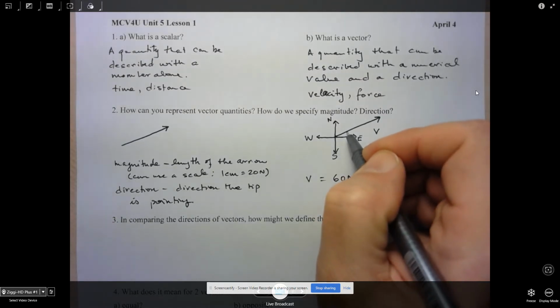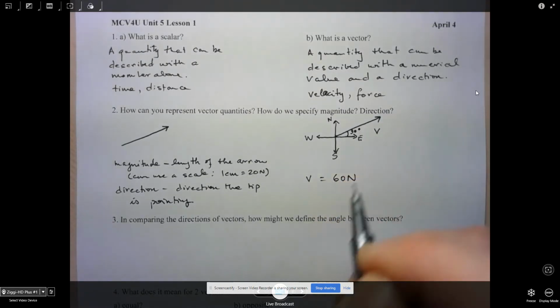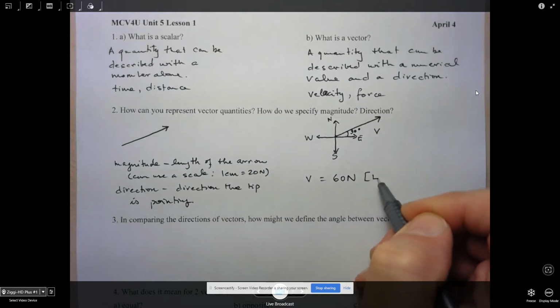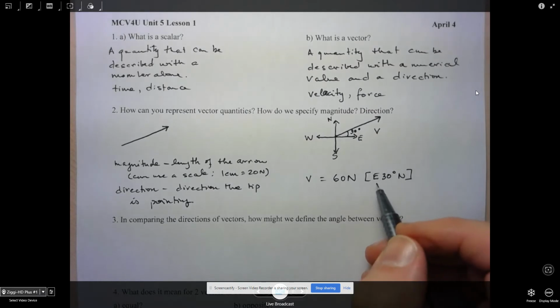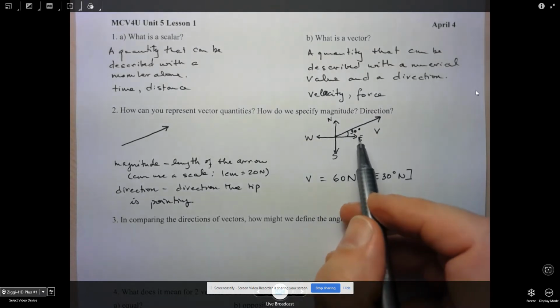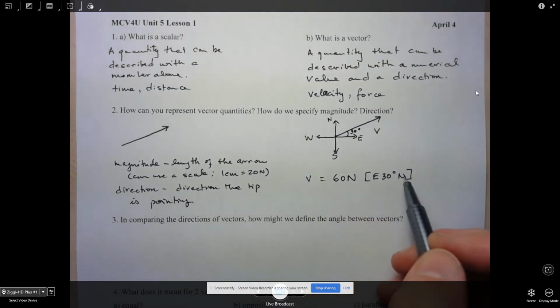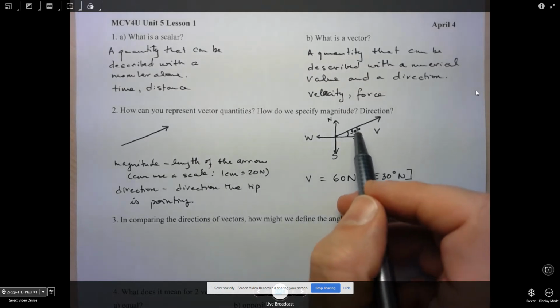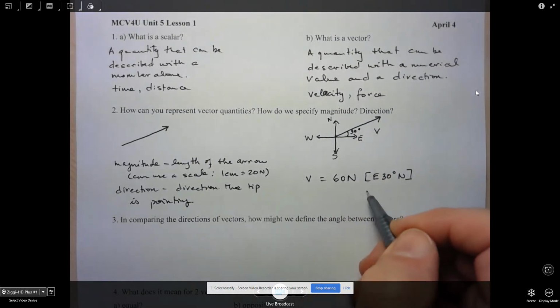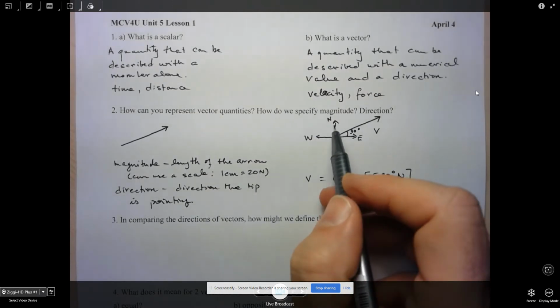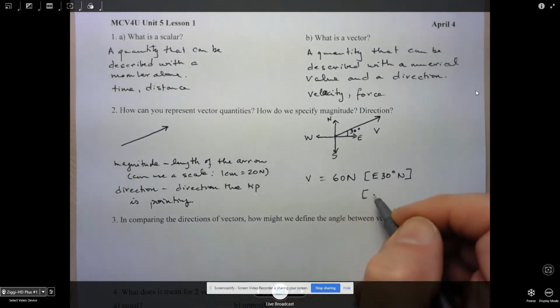So say this angle here is 30 degrees, we would say east 30 degrees north. So this first cardinal point represents where we start, and the second cardinal point represents where we're going to. So east 30 degrees north. Of course, you could also represent this as north 60 degrees east.